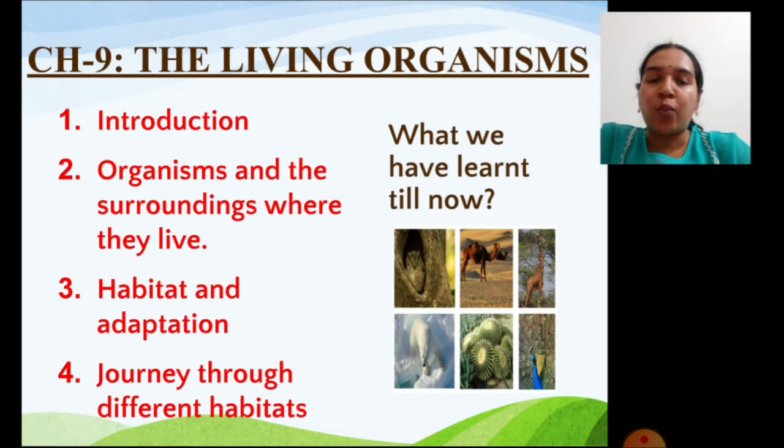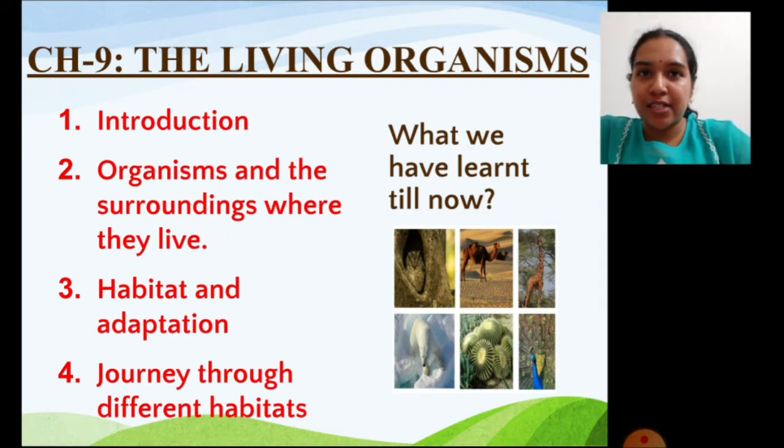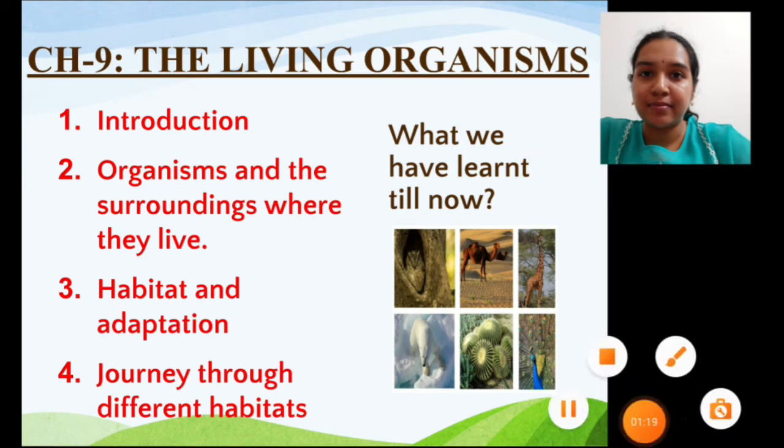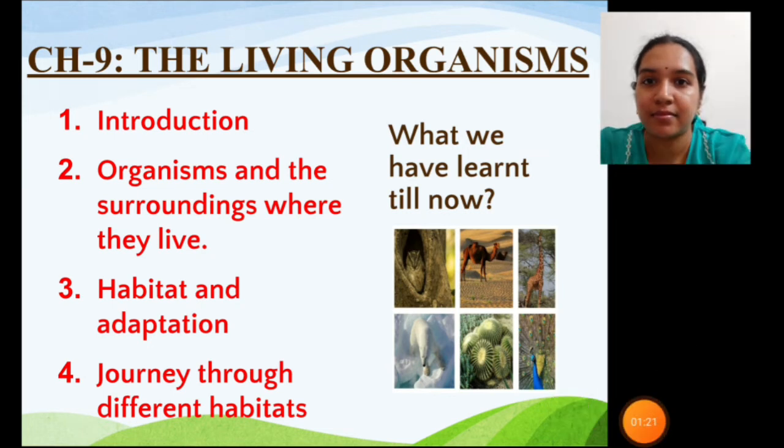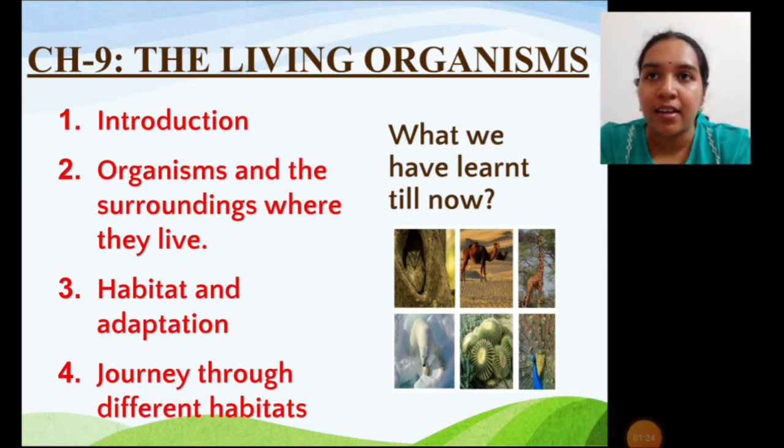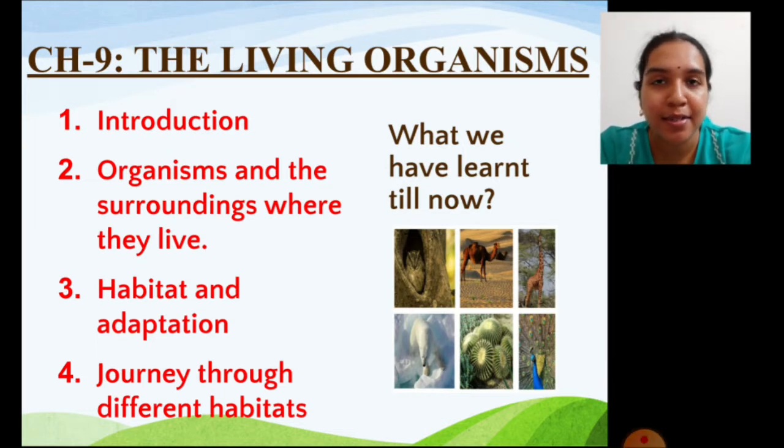Let's recall what topics we learned in this chapter. We have seen the introduction to this chapter of understanding nature, living organisms, non-living organisms, etc. Organisms and the surroundings where they live.